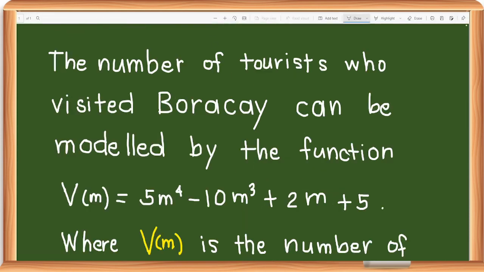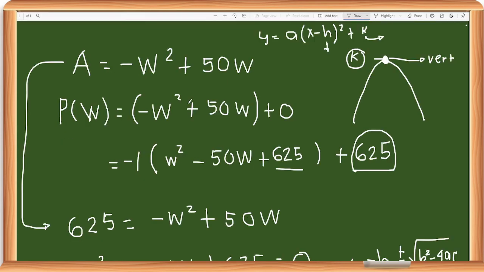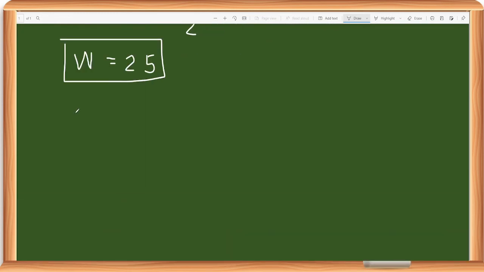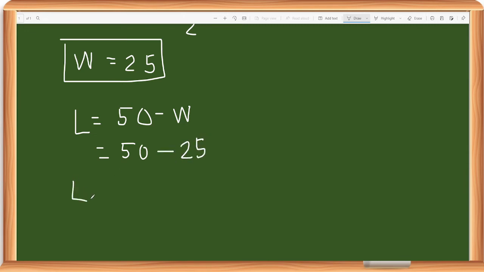Substitute lang natin. Since your length is equal to 50 minus W, so substitute natin yung W as 25. So, we have 50 minus 25. So, therefore, yung length mo must also be 25.